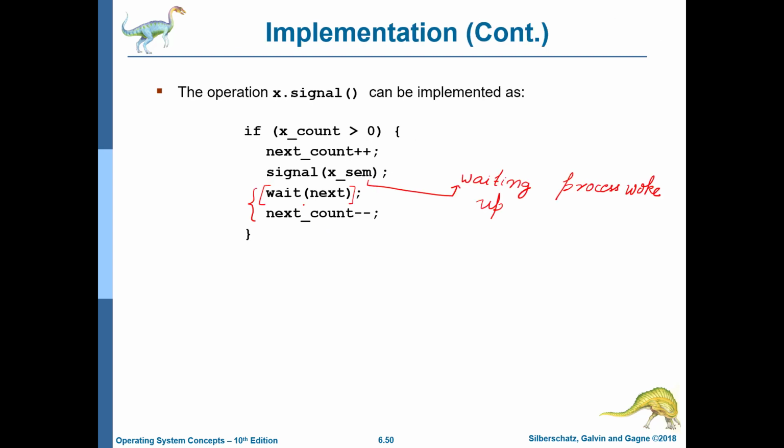Then the current signaling process would decrement its next count. So that is the key idea: given that the waiting process has woken up, it will execute, but the current signaling process has to be in abeyance. Consequently, it's going to wait, and if no other process wakes it up, at least the waiting process, when it exits the monitor, will wake it up.